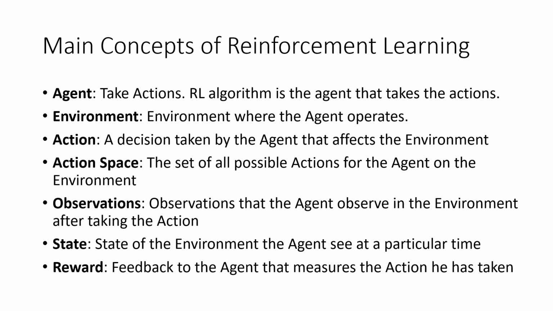So when the agent takes an action, it would be an action in the action space, right? So the intelligence of the agent is defined by the correctness of taking the correct action from the action space.